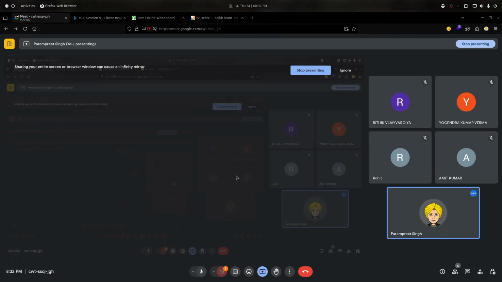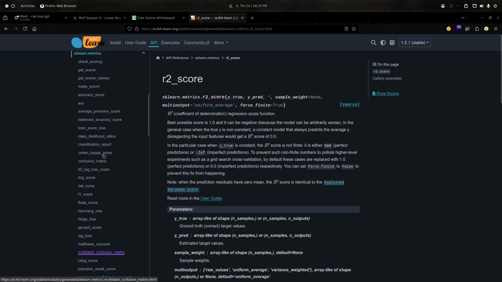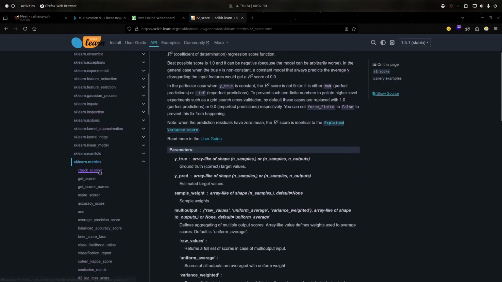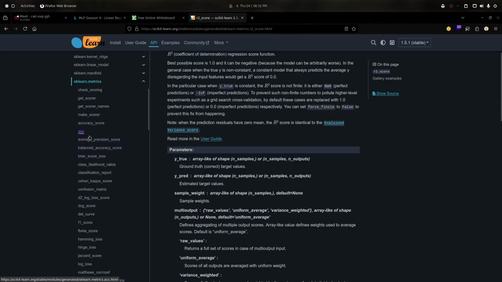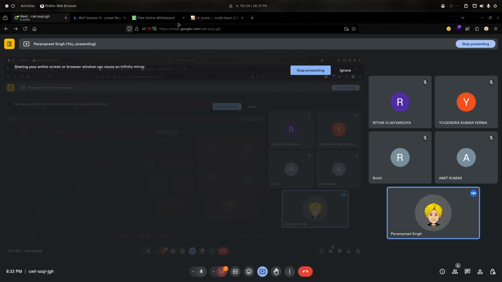If the score is around 0.89 or 1, then you can say your model is performing well. So this is just another metric. We have a lot of metrics you can see here, this is the complete list. There are various curves also, like the ROC curve and AUC curve, which we will see.